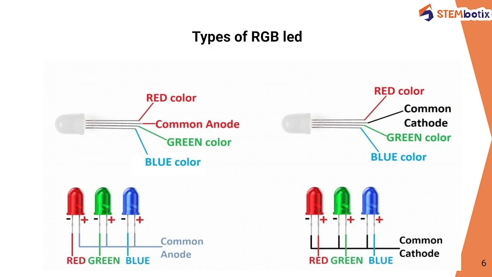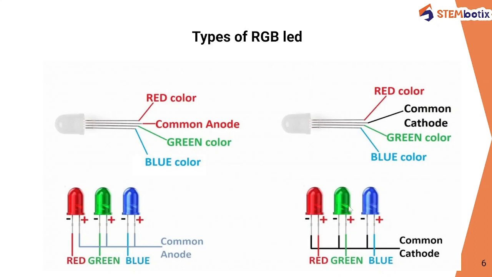We call it a common cathode RGB LED because in this type of LED, the cathode terminal of all three LEDs is shorted internally and connected to one terminal, known as the common cathode terminal. As you can see here, the three LEDs are red, green, and blue.